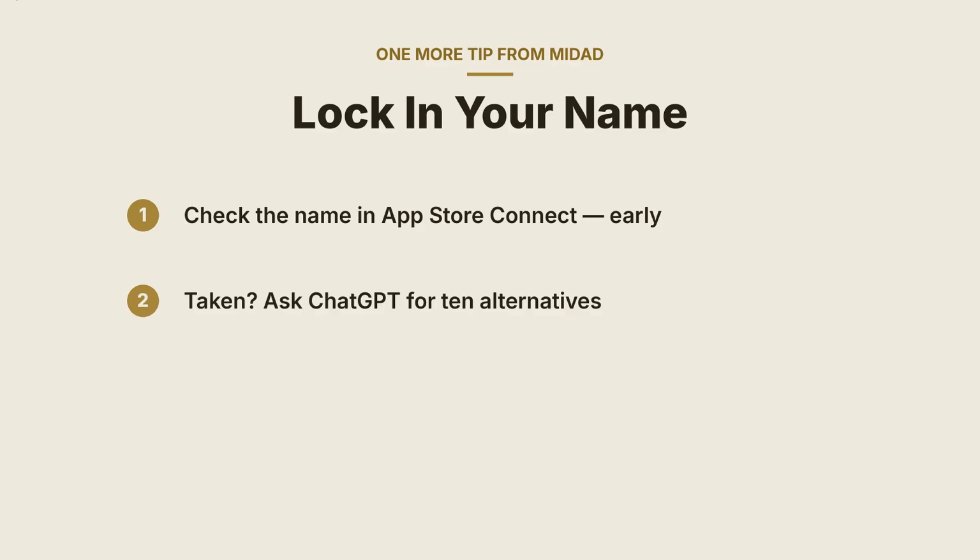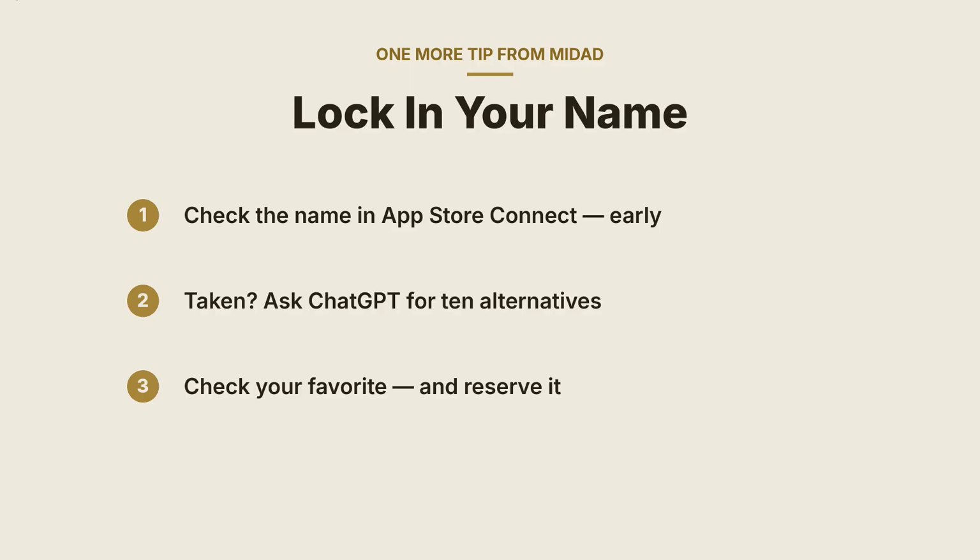Tell ChatGPT what your app does and ask it for 10 catchy alternatives that fit the idea. Then check your favorites in App Store Connect to make sure they are available. Once you find one that is available, create the record. That's how I landed on Mubeen. My first choice was taken, so I kept going until I found one that was available and even better.